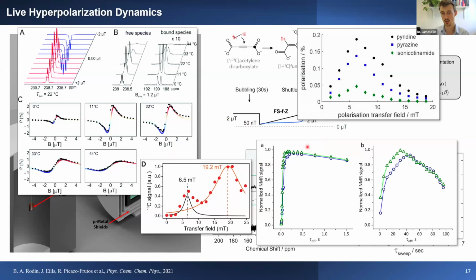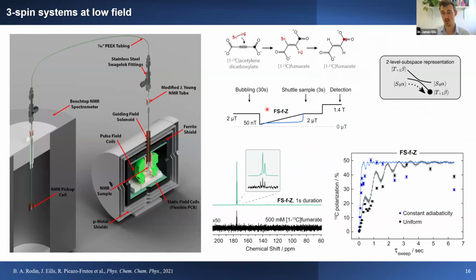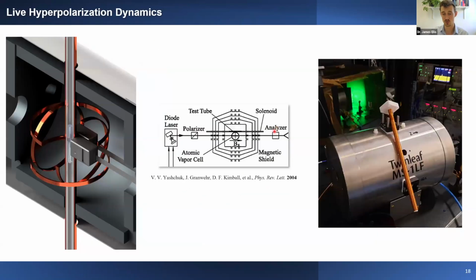We're interested in this polarization transfer step, but if we want to collect this sort of data, we repeat the experiment many, many times, collecting single carbon spectra each time. That's because we're not able to observe what happens during these magnetic field sequences.